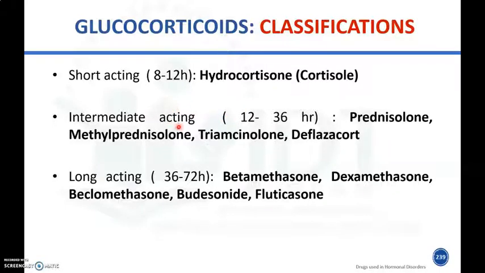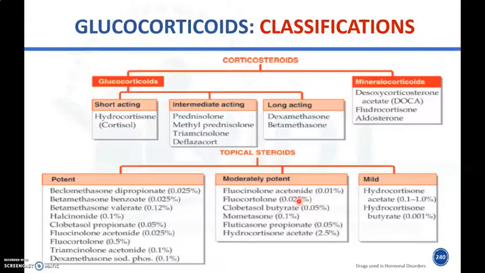And there are some intermediate acting glucocorticoids. They may act for 12 to 36 hours, like prednisolone, methylprednisolone, triamcinolone and deflazacort. And there are some long-acting glucocorticoids, 36 to 72 hours, like betamethasone, dexamethasone, beclomethasone, then prednisolone and fluticasone. So these are some examples or classification of glucocorticoid drugs or its analogs.